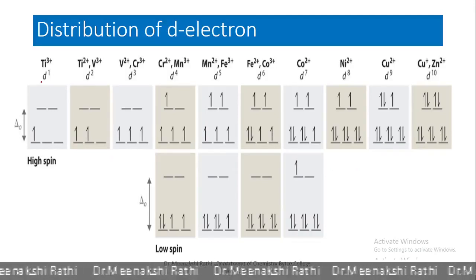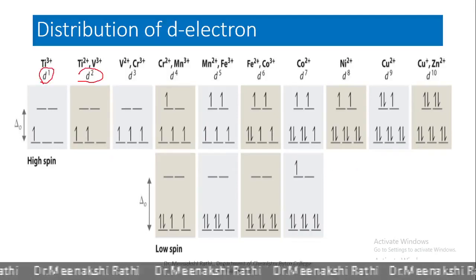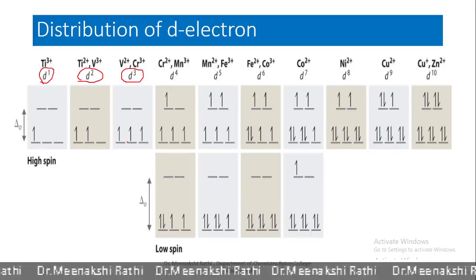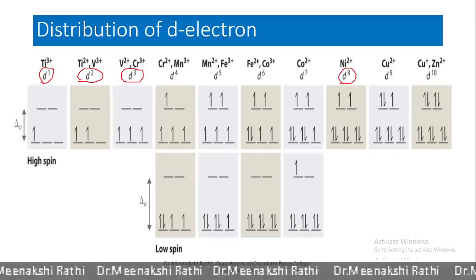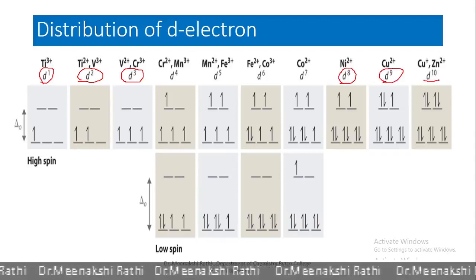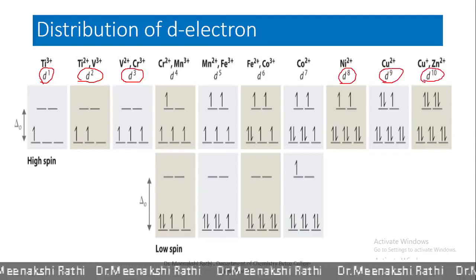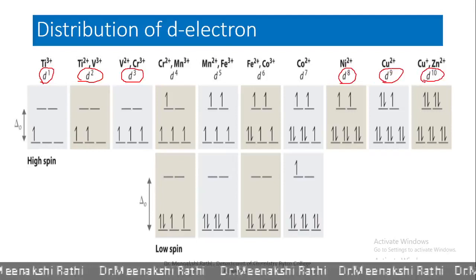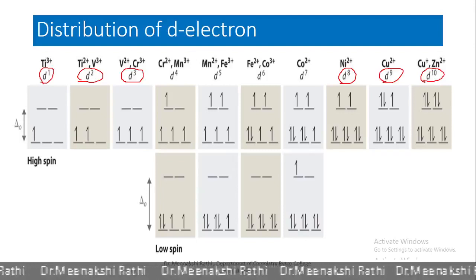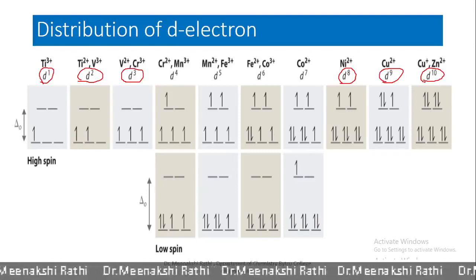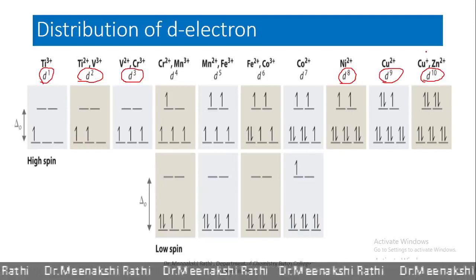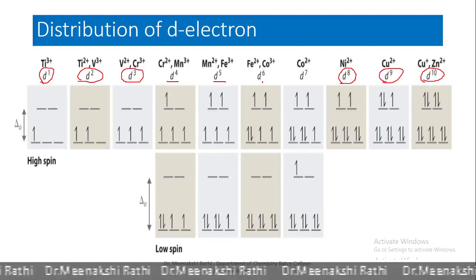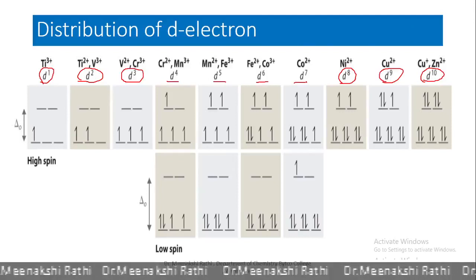Always remember one thing, for d1, d2, d3, as well as for d8, d9 and d10, the distribution of electrons in t2g and eg orbitals is the same, whether it is the strong field ligand or weak field ligand. The distribution is same. The difference in electron distribution will be found only in d4, d5, d6 and d7 electron systems.